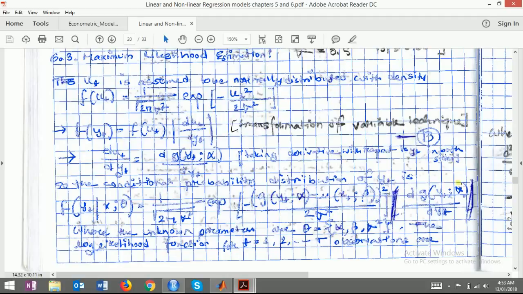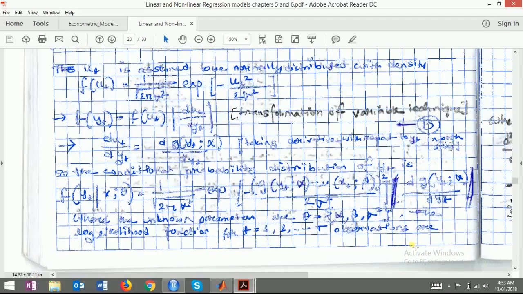And in absolute form we have d by d yt of g of yt, alpha, the nonlinear function of the dependent variable, but the unknown parameters are theta: alpha, beta, sigma square.